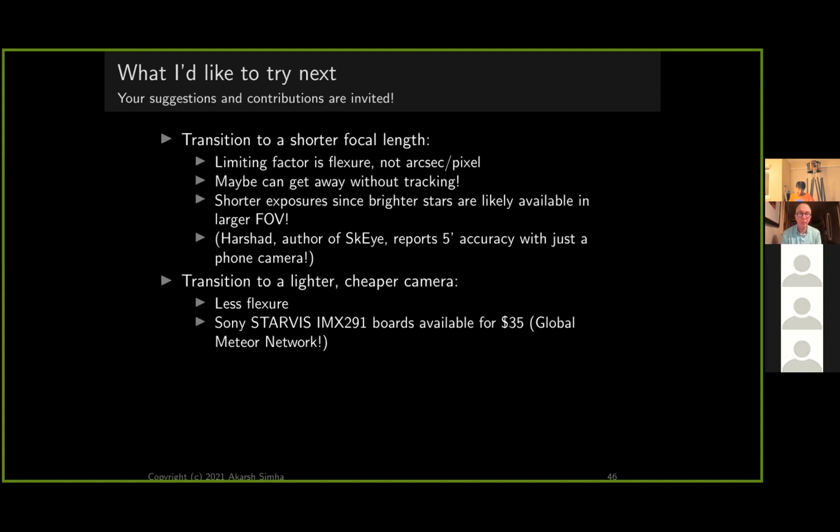And there's a set of people who run this global meteor network who are already using it to catch meteors at 25 frames per second. So they're just buying these $35 cameras and creating all sky cameras that are catching meteors for them.